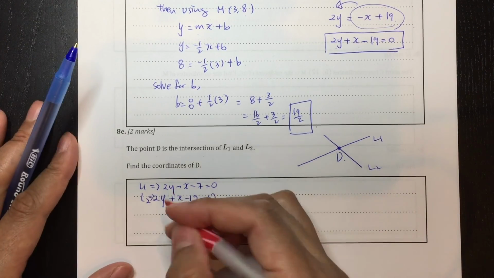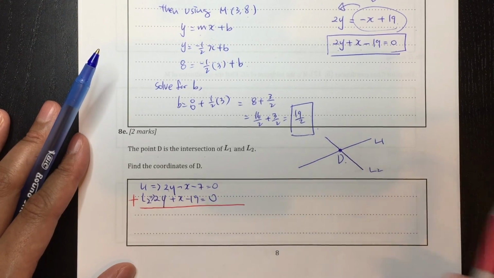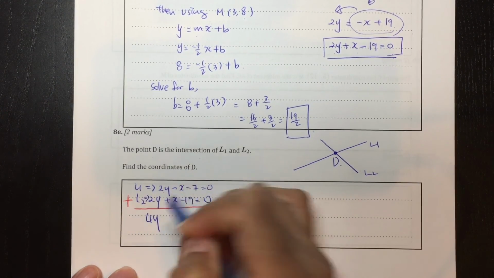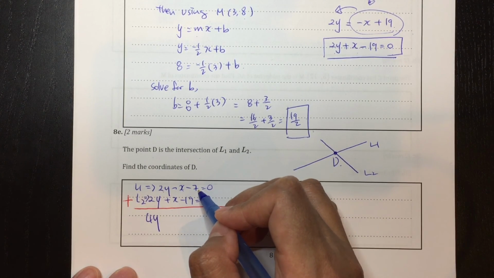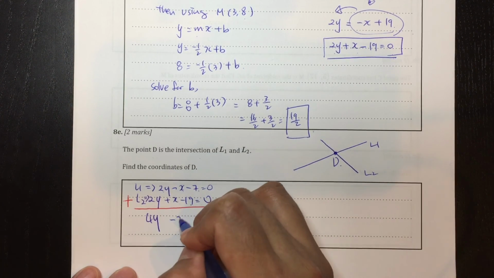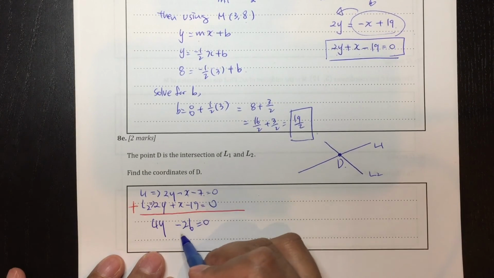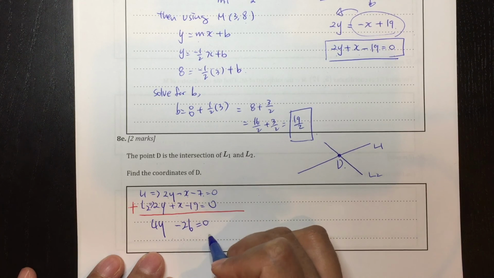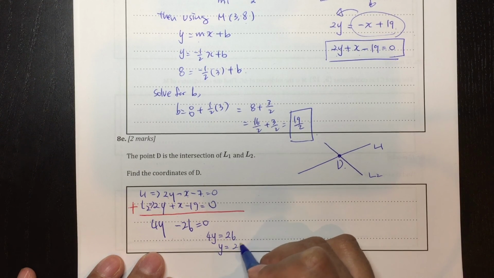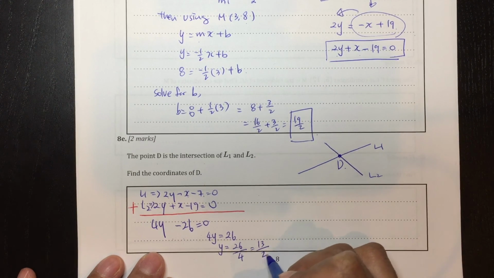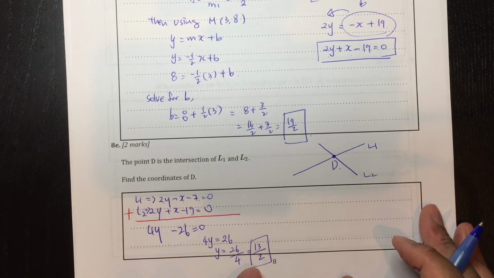So I get 2y plus 2y, which is 4y, negative x plus x, which is 0, and negative 7 plus negative 19, which is negative 26, equals 0. Solving for y, 4y equals 26, y equals 26 over 4, which is 13 over 2.